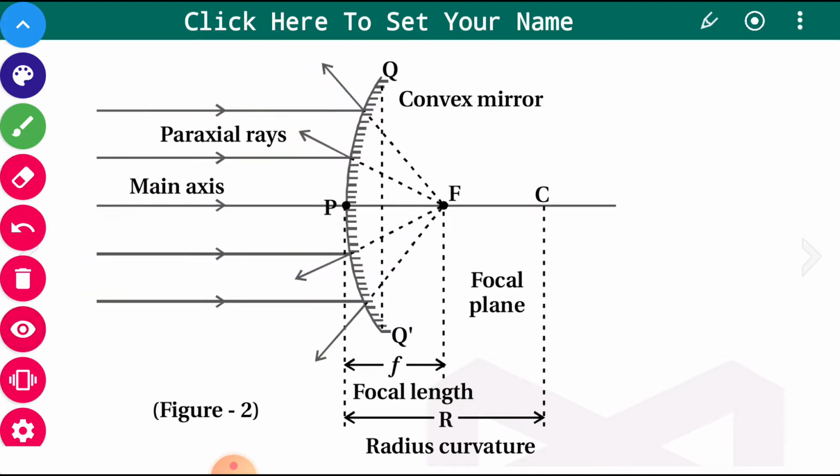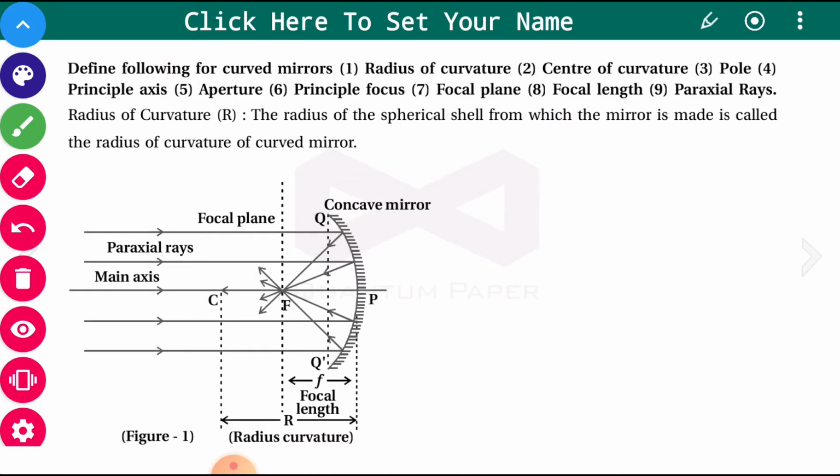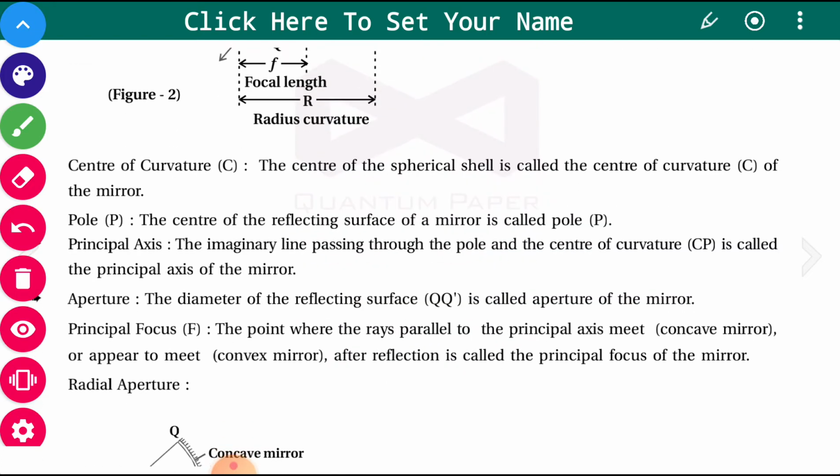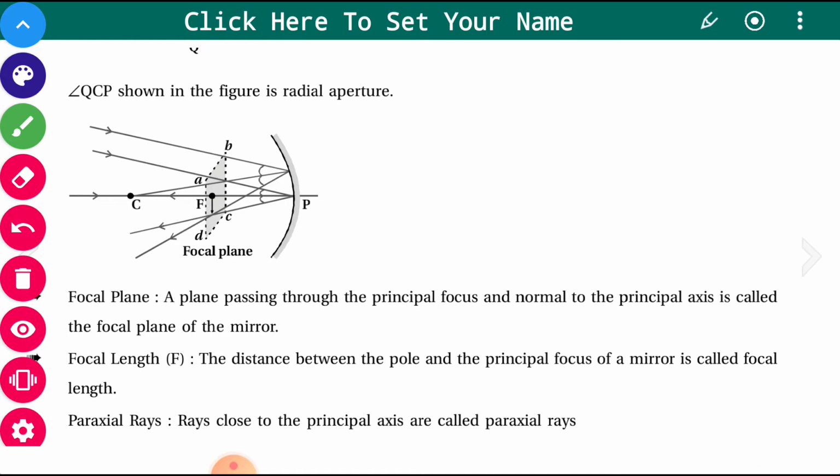Okay, now the next definition, if it is there, yes, it is paraxial rays. Okay, paraxial rays are the rays which are close to the principal axis. They are called the paraxial rays. Then there is a definition of focal plane.